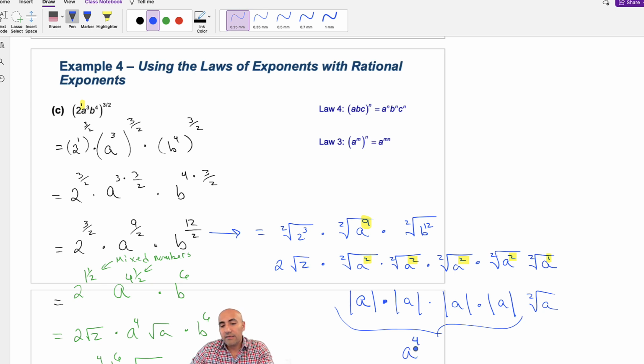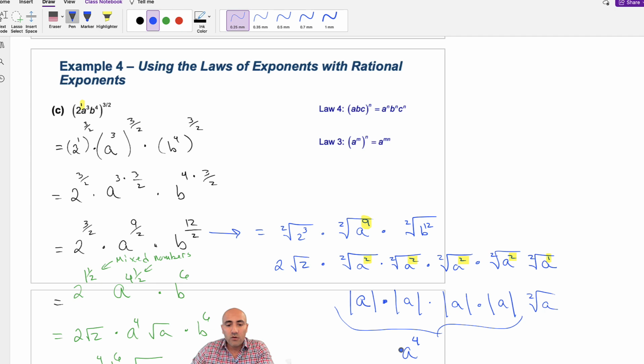The even exponent guarantees that the answer is positive, so we no longer need the absolute values. It's redundant, because a to the 4th is already positive. If there were only 3 of them, then we would have to leave the absolute values to guarantee that our answer is positive. Hopefully that makes sense.